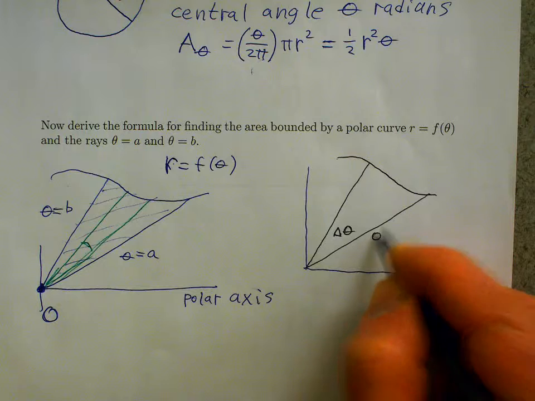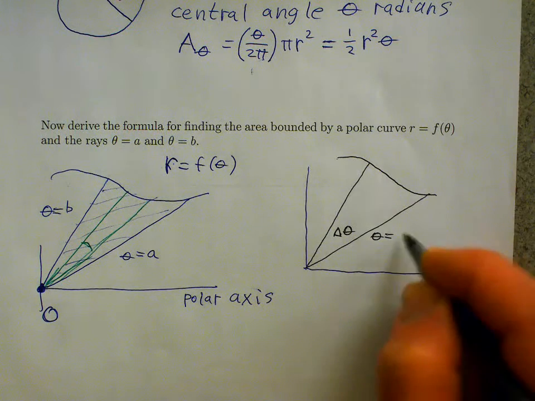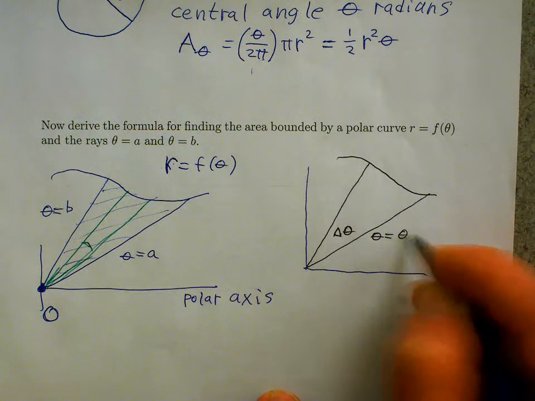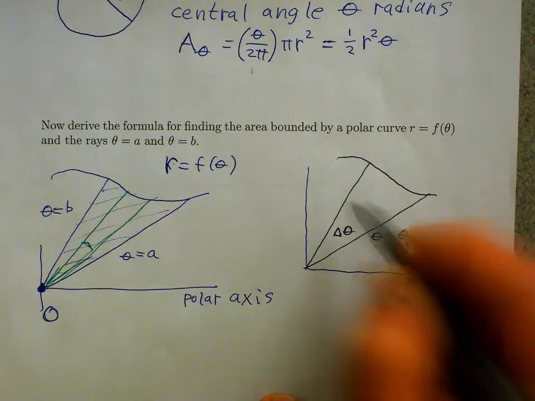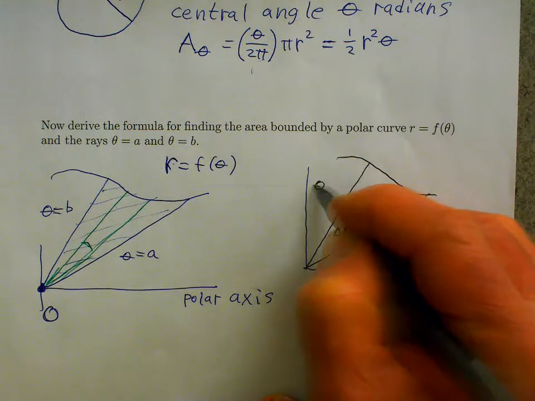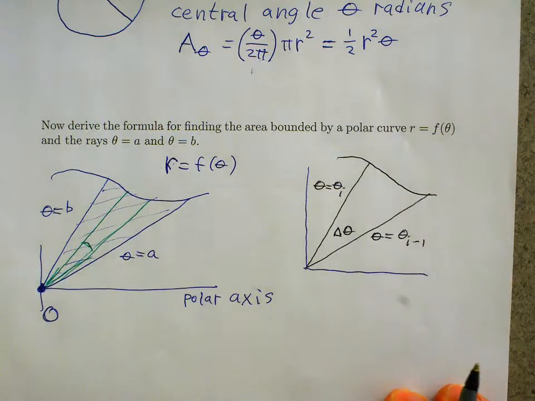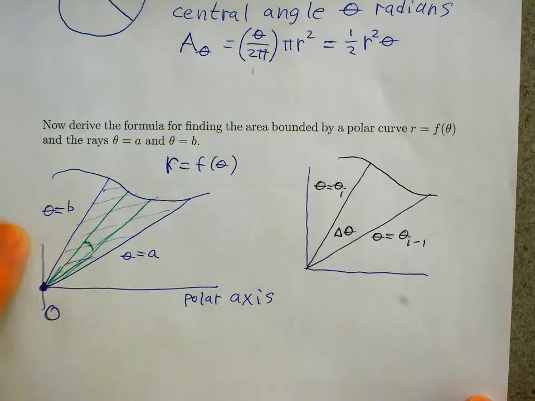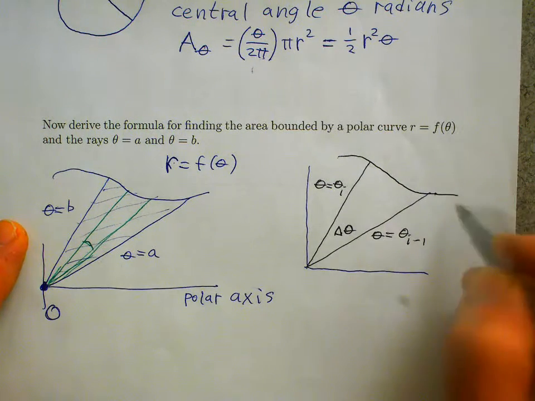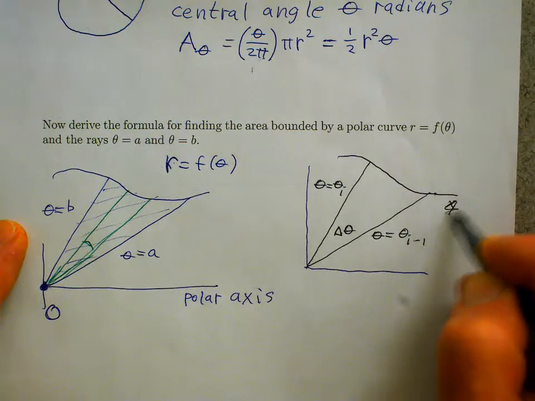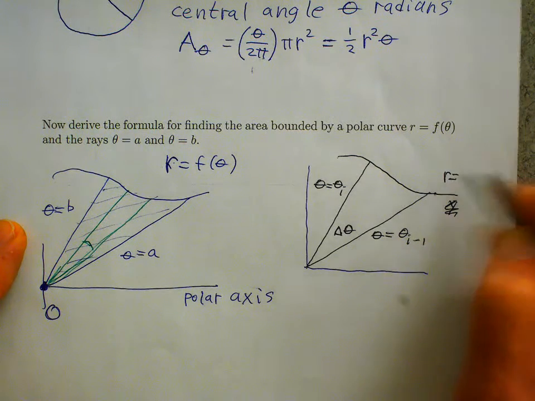I'll refer to this ray as theta equals theta sub i minus 1, and the other ray as theta equals theta sub i. And this is part of the polar curve, r equals f of theta.